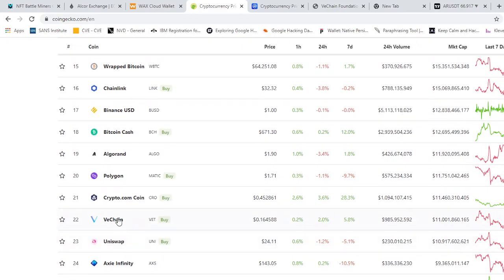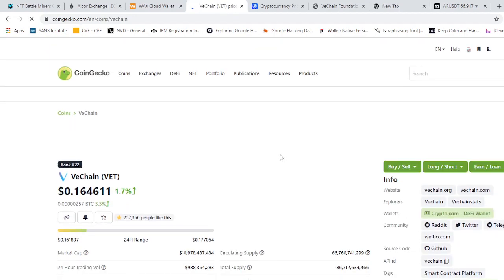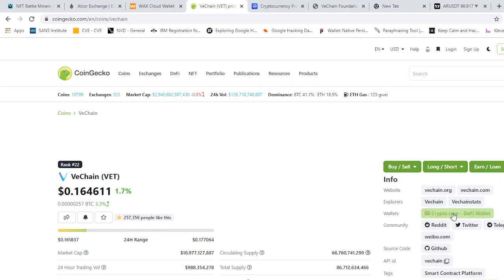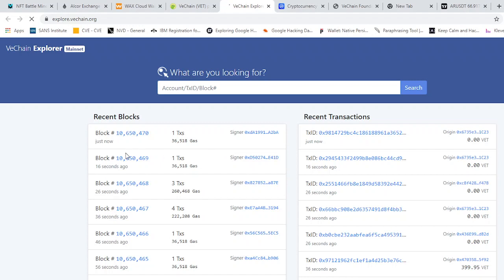We can go to VChain since we already looked at it. Click on VChain. As you can see on CoinGecko, you have all the information. It has the website and the Explorer. The Explorer is how you see your transactions, all the transactions happening on this network right here.